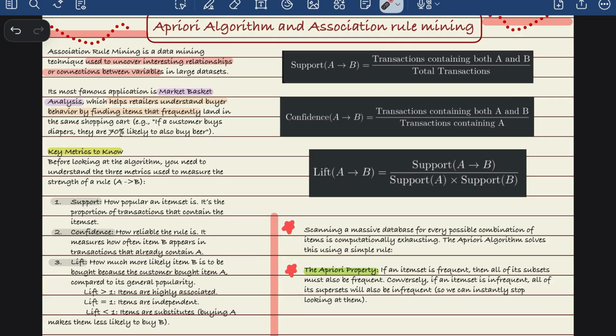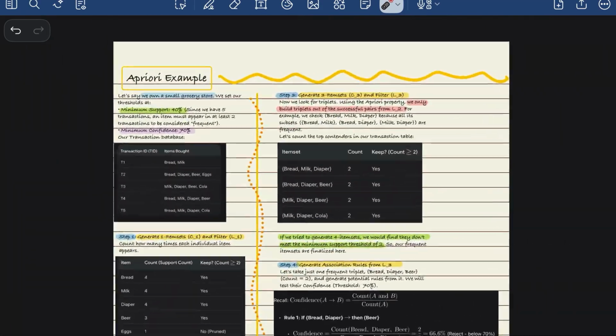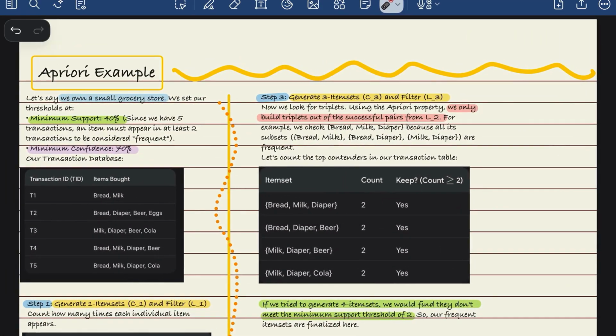So let's understand this in detail with a walk-through example. Let's say we own a small grocery store. We have data, as you see over here, with transaction IDs and the items bought together. We are given some thresholds.